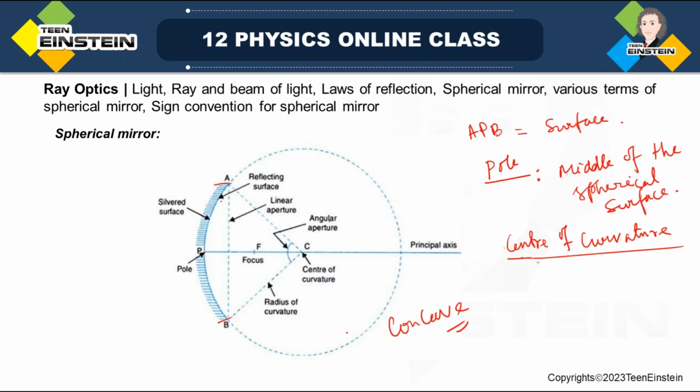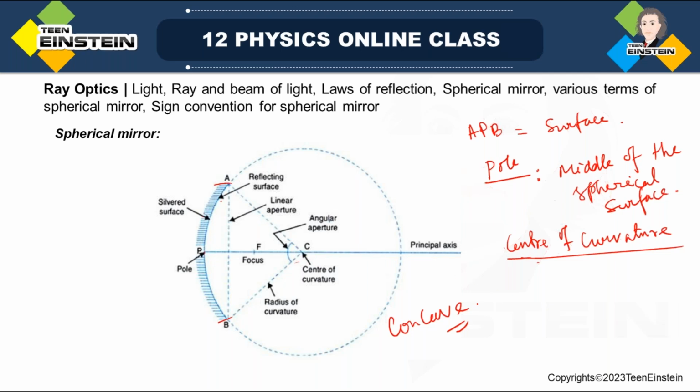The reflecting surface APB is a part of that sphere. So we have learned what is called center of curvature.